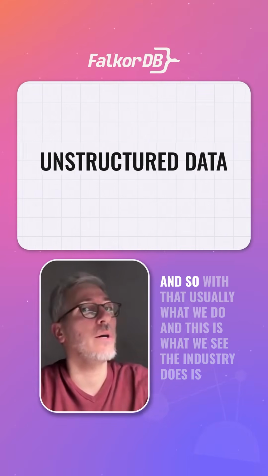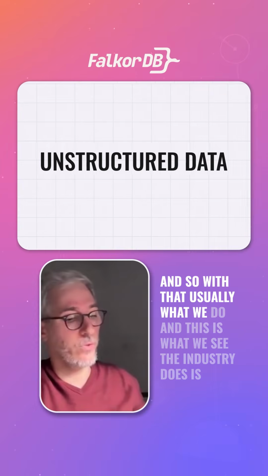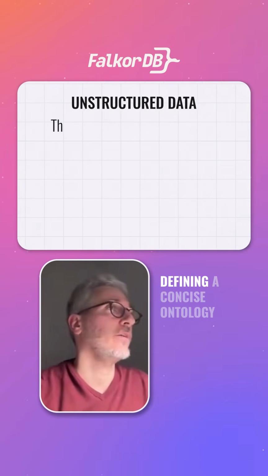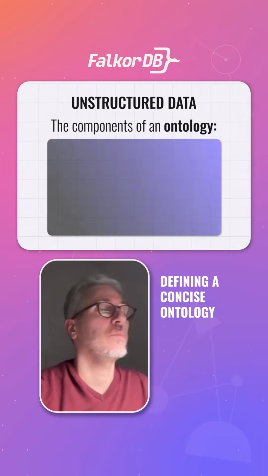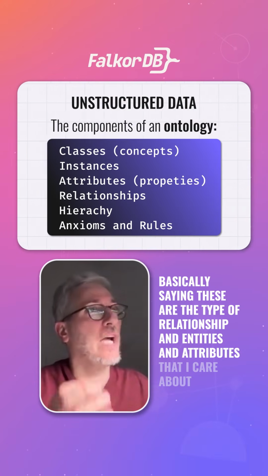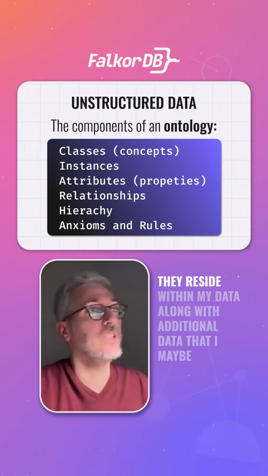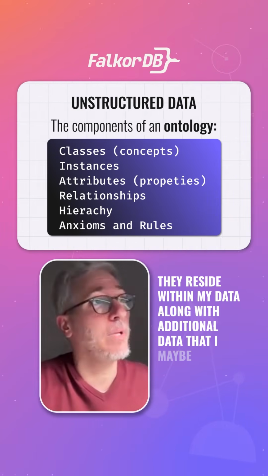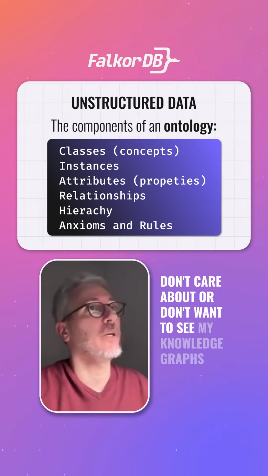And so with that, usually what we do, and this is what we see the industry does, is defining a concise ontology, basically saying, these are the type of relationships and entities and attributes that I care about. They reside within my data, along with additional data that I maybe don't care about or don't want to see in my knowledge graphs.